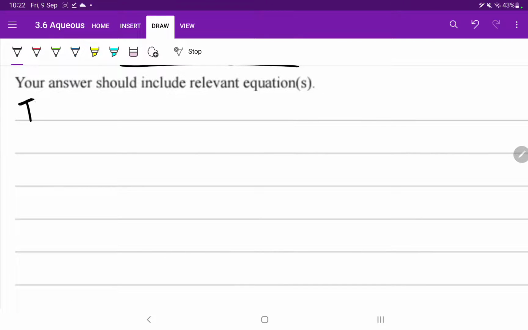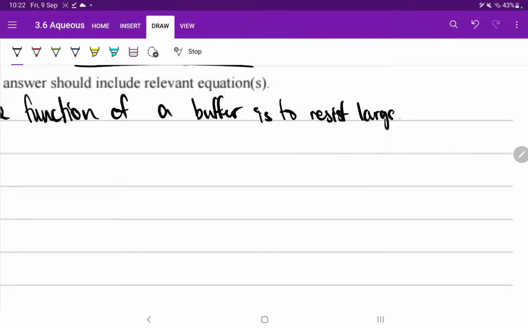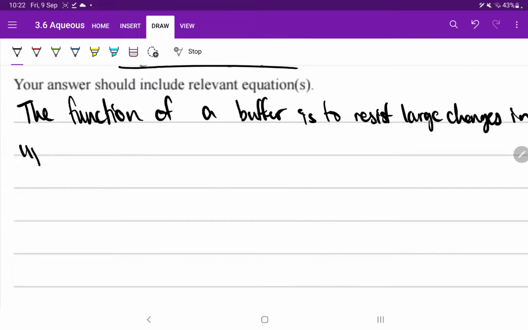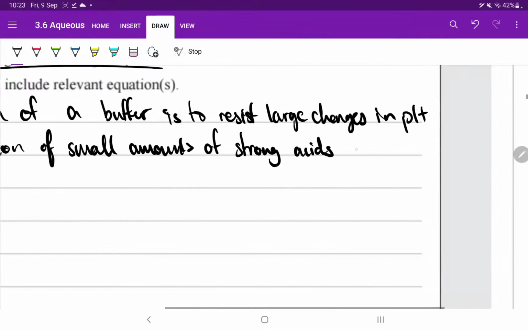The function of a buffer is to resist large changes in pH upon addition of small amounts of strong acids or base.